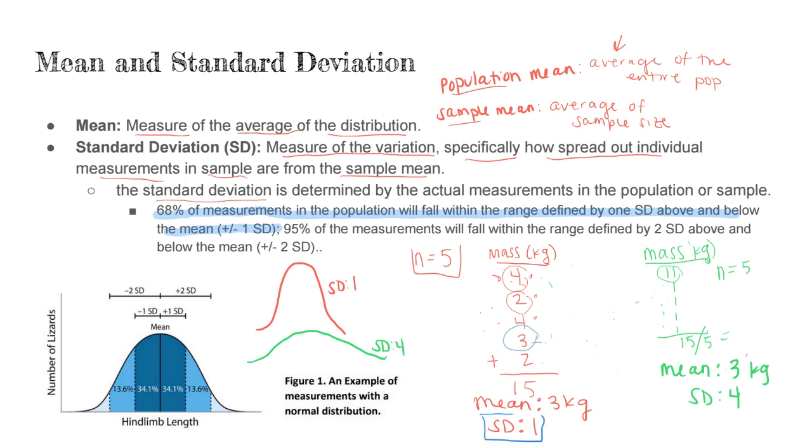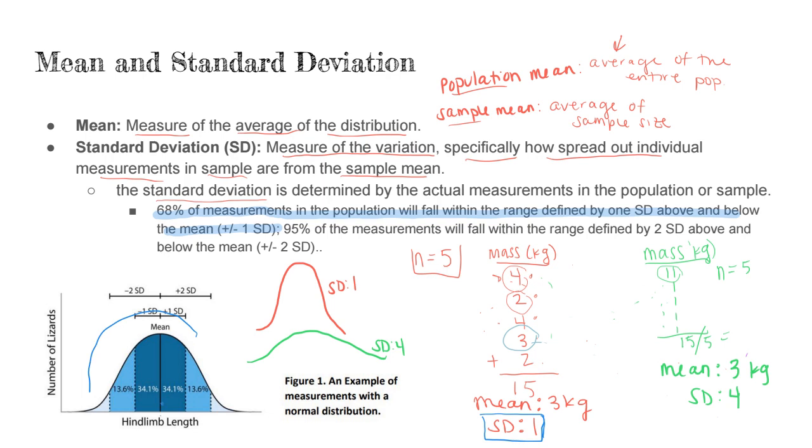We are pretending that the computer calculated our standard deviation. And for the red data set, the standard deviation is 1, and for the green data set, the standard deviation is 4. Let's look at this figure down here. This is what we just talked about.